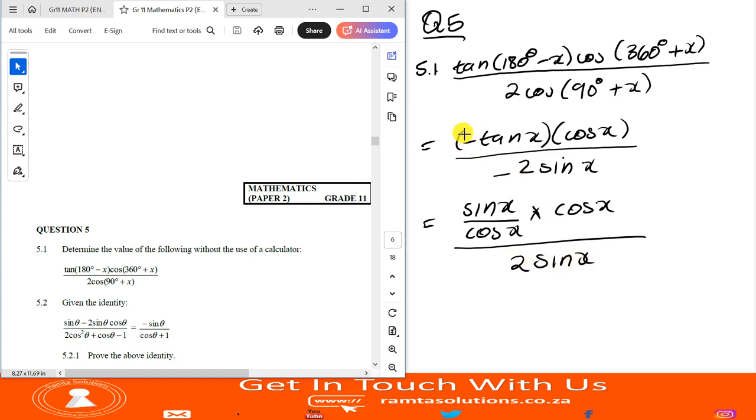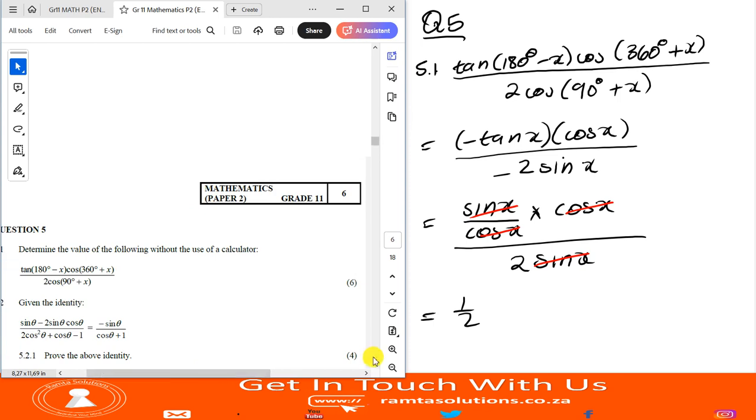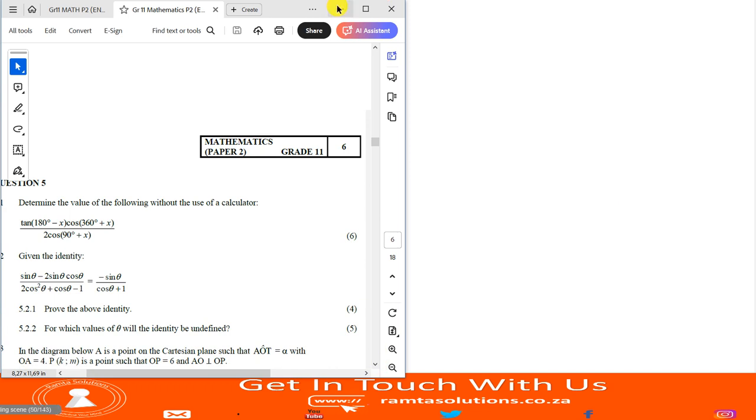Remember, the negatives got cancelled. As you can see, guys, cosine cancels with cosine, sine cancels with sine. This means our answer is half. How many marks is this? This is 6 marks, and you were able to finish it within 6 minutes. Now, let's go to the next page.